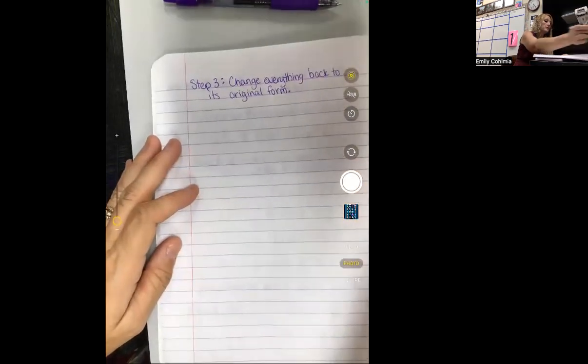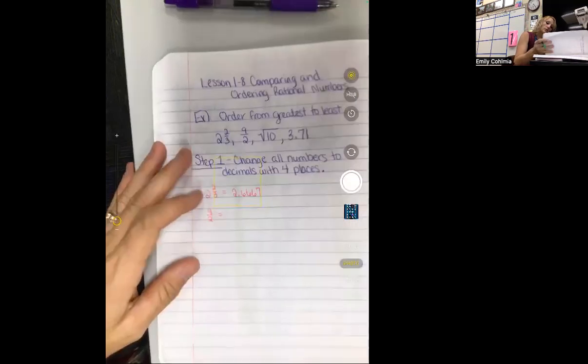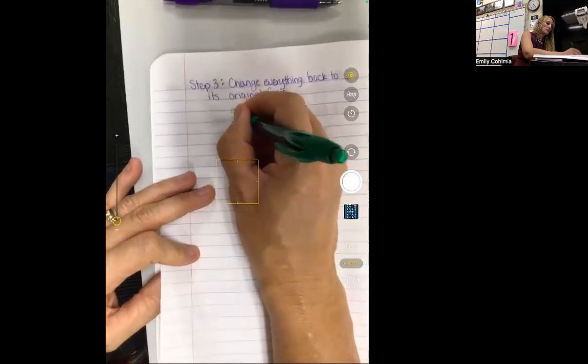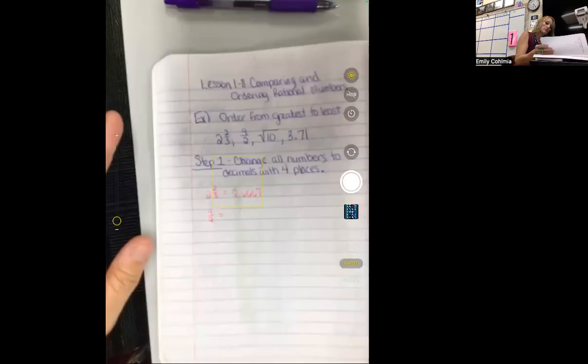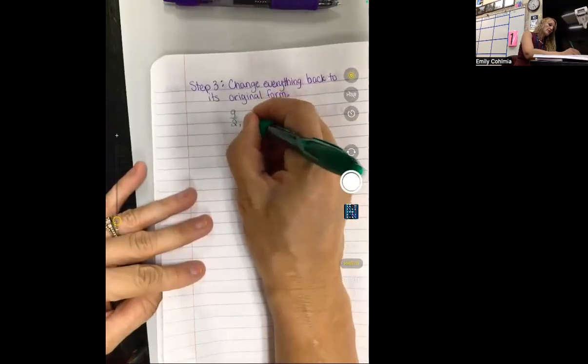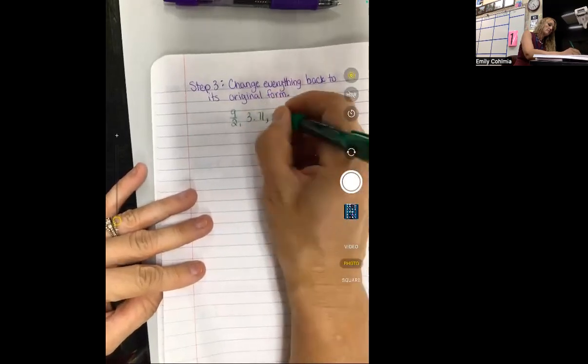So our answer would be the 9/2 comes first. 3.71 comes second. Square root of 10 comes third.